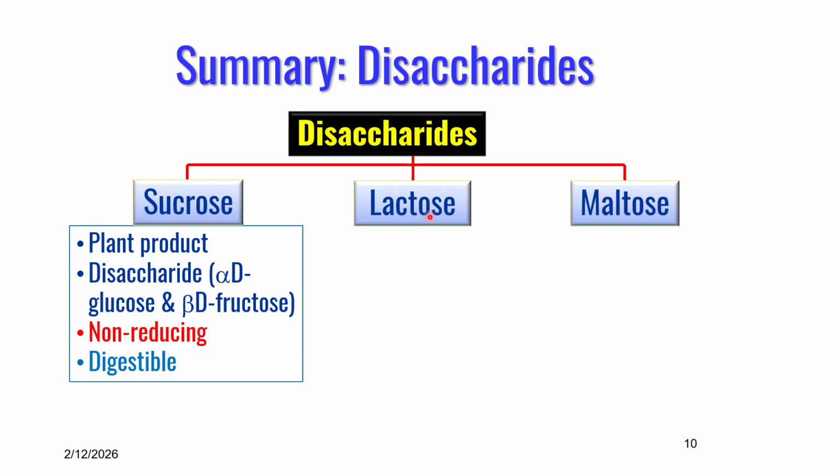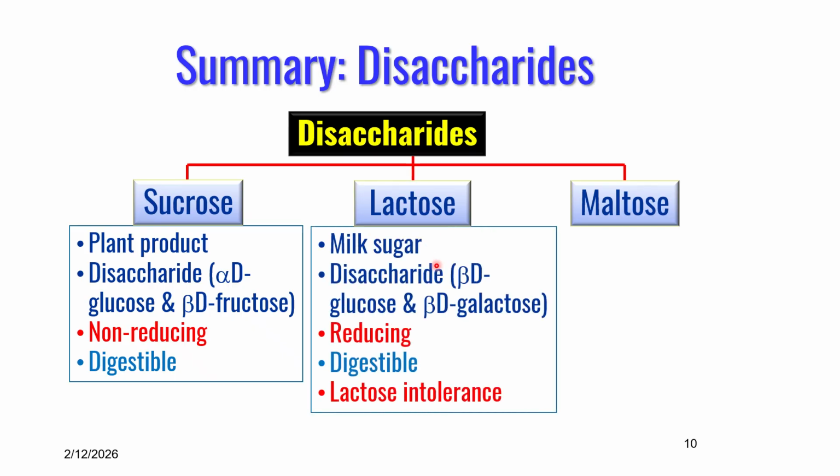Second example we discussed is lactose, which is also called milk sugar. It is a disaccharide made up of beta D glucose and beta D galactose, and they are connected together with beta 1,4 glycosidic linkage. It is reducing because there is one free aldehyde group in this molecule.